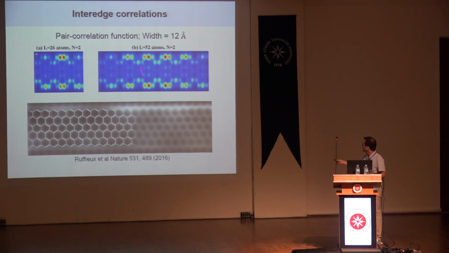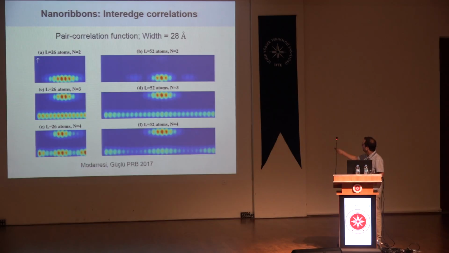However, if we increase the width to 28, again with the same calculations, the electron is fixed here, and the second electron is localized at the opposite edge. Same thing for the longer ribbon. This is for 2 electrons.